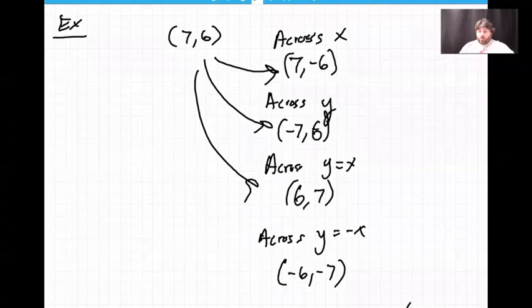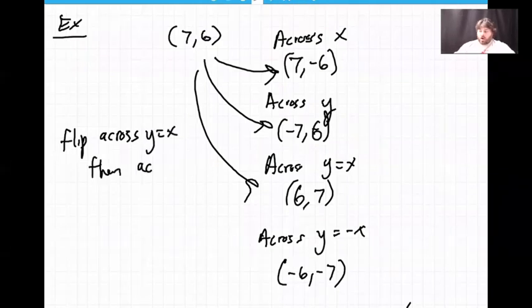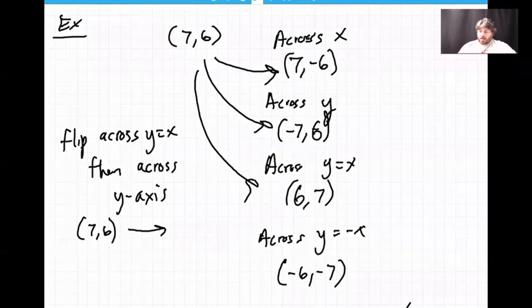Okay? Now be aware, they could give you multiple. So they could say, flip across the line y = x, then across the y-axis. Okay? So there's multiple transformations. So you do it like you normally would. You just do two separate things. So the coordinate (7, 6), when you flip across y = x, becomes (6, 7).